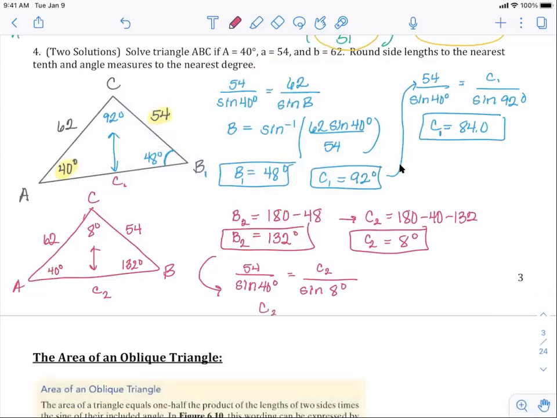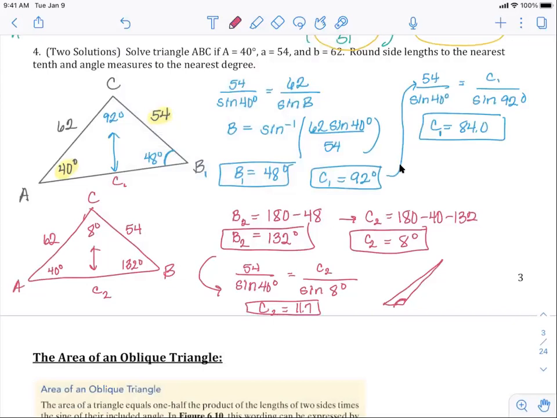So C2 is equal to 54 sine of 8 divided by the sine of 40, which is 11.7. So what that red triangle is really supposed to look like, since it has an 8-degree angle, would be something more like this. Your 132 is this obtuse angle down here. We're not drawing to scale, but that's kind of what you're going for.